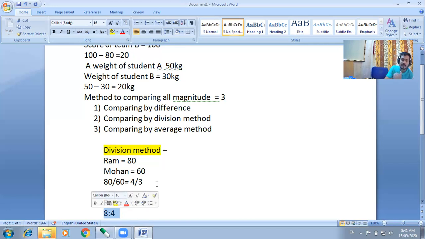We can understand this like 4 by 3. What is the meaning of 4 by 3? Ram's score is 4 by 3 times more than the score of Mohan. So similarly 8 by 4 also has the same meaning.